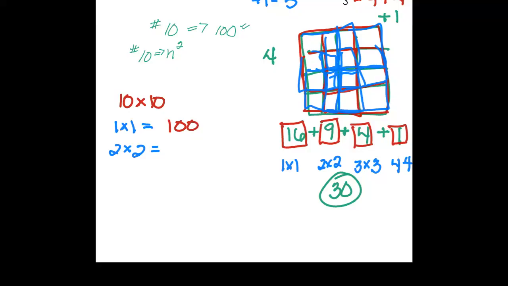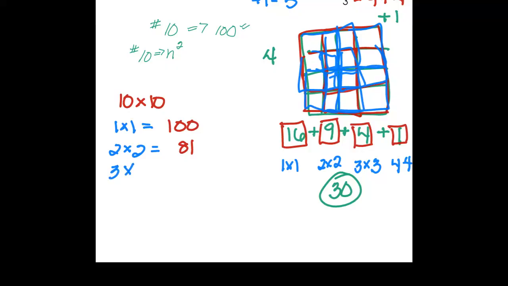A 10 by 10 is 100, so the next smallest perfect square is... If this is a 10 by 10, the next smallest has to be a 9 by 9, which is 81. So there's going to be 81 2 by 2s.